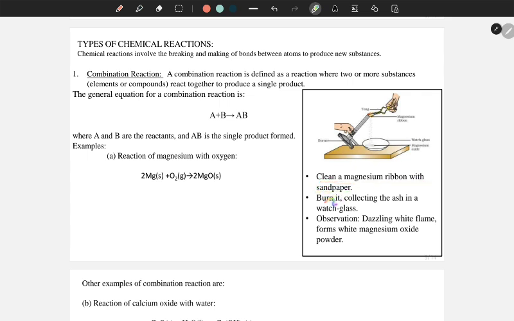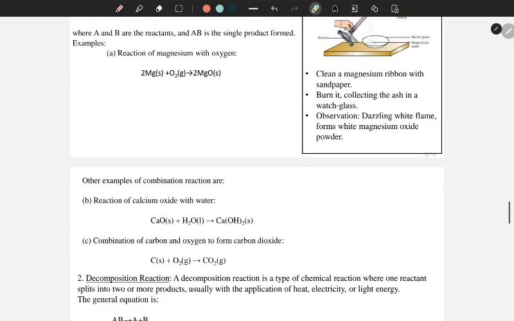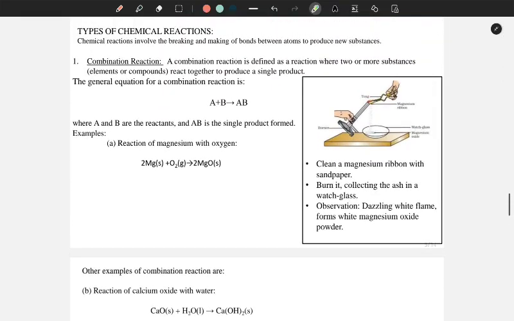Then we have to burn that magnesium ribbon in the burner with the tongs. So when we burn the magnesium ribbon, the ash that comes out, that we will collect in the watch glass, okay. The ash that we collected is magnesium oxide, and that is a dazzling white flame, which forms white magnesium oxide. The ash we collected in the watch glass is magnesium oxide powder, white magnesium oxide powder, okay. So this is the activity part that is mentioned here.